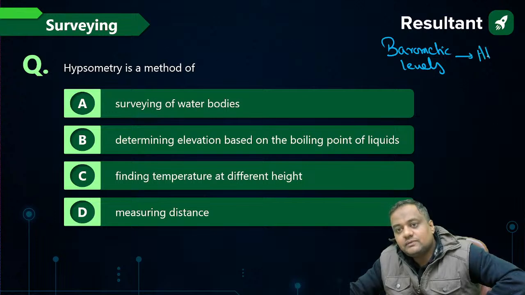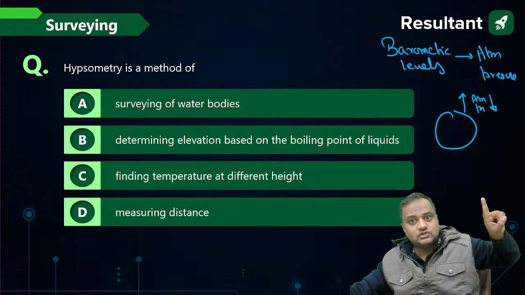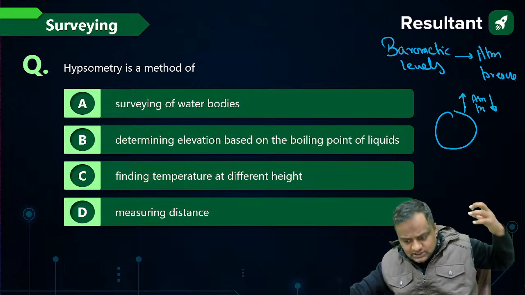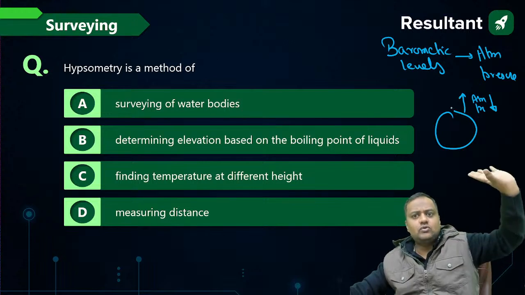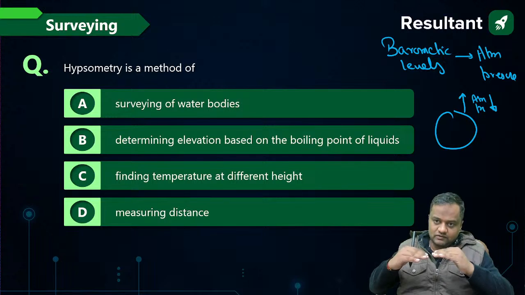It is finding the atmospheric pressure. As we go above the earth, atmospheric pressure decreases. So from noting down the atmospheric pressure, if there is much less pressure, the altitude will be quite high. Goa will have maximum atmospheric pressure.